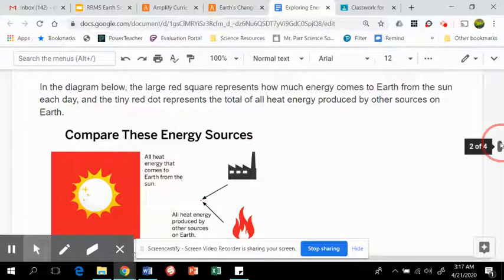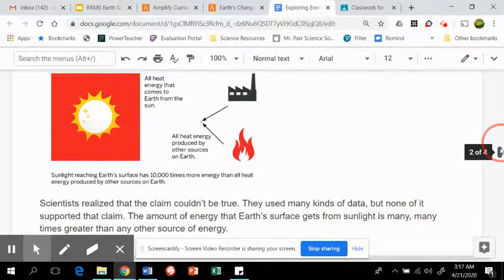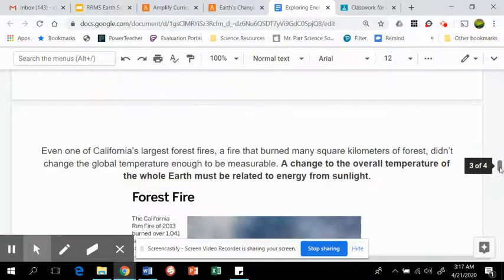So all those other things we talked about: engines, forest fires, volcanic eruptions, etc. Scientists realized that this claim couldn't be true. They used many kinds of data, but none of it supported the claim. The amount of energy that Earth's surface gets from sunlight is many, many times greater than any other source of energy.